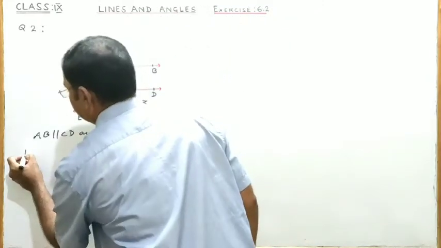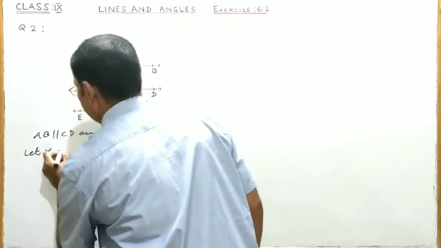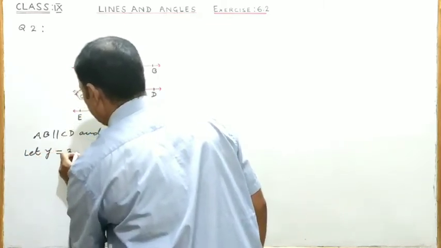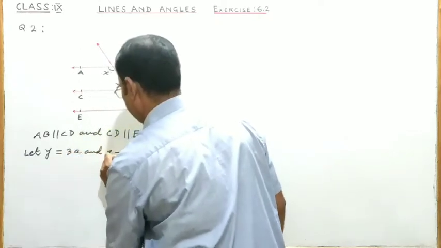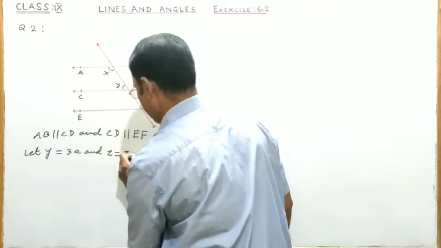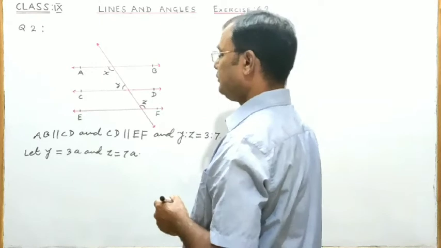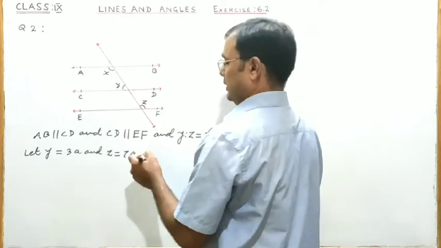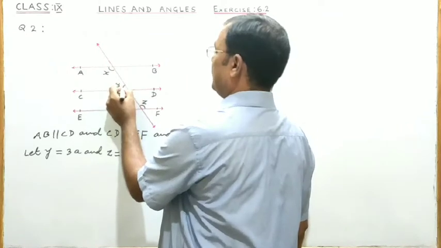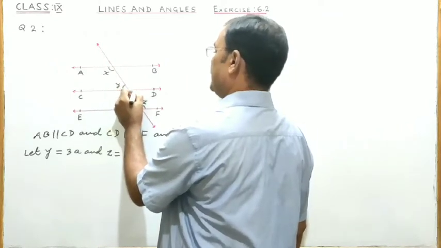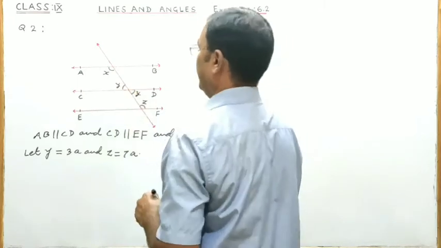Let y be equal to 3a and z be equal to 7a. Here in this figure, this angle is given y, so vertically opposite this angle also will be equal to y.